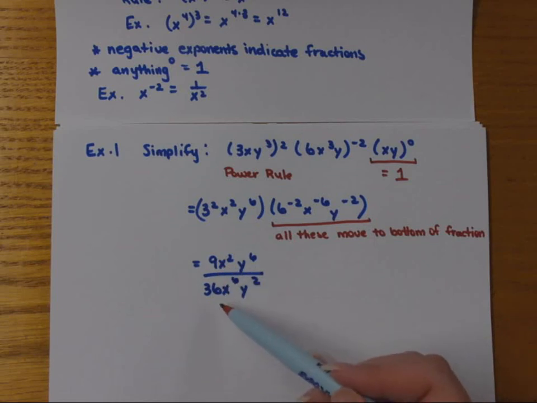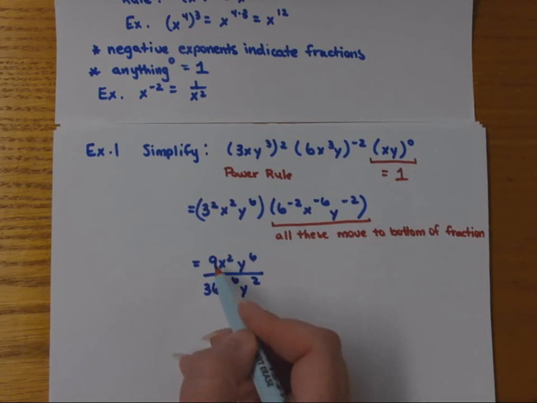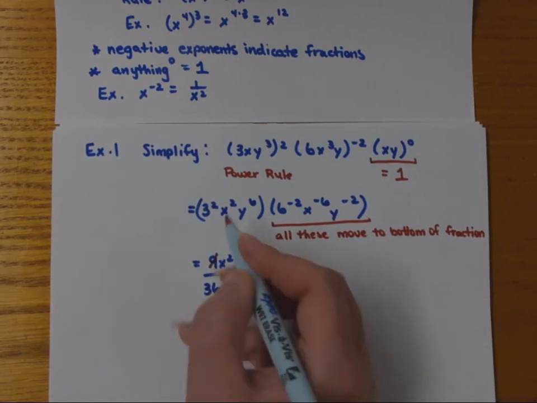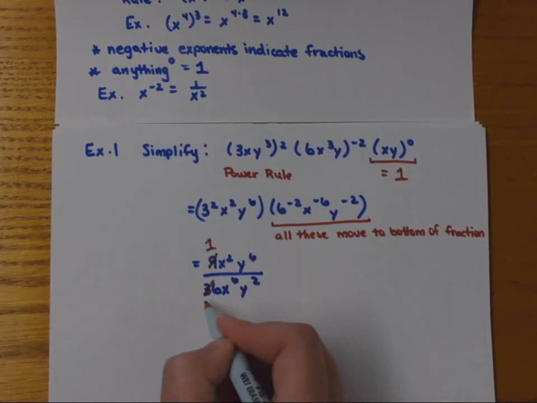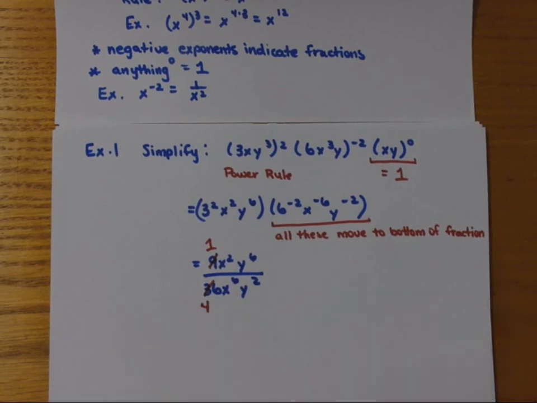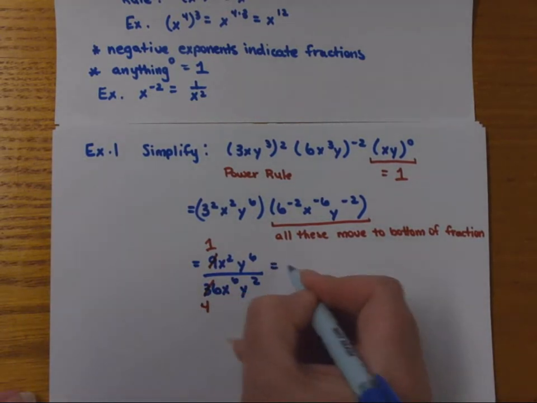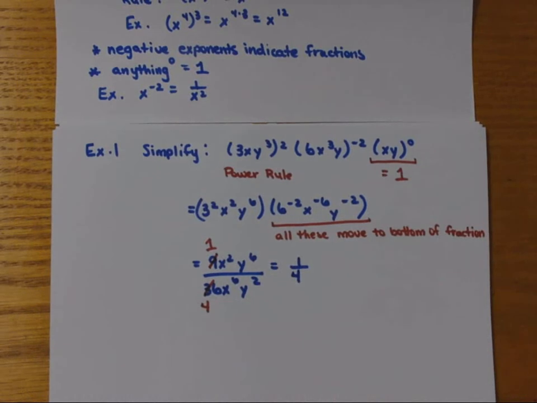I'm going to take the numbers together, the x's together, and the y's together. Treat the numbers as you normally would: 9 goes into 9 once, 9 goes into 36 4 times. So for the numbers we get 1 over 4, because the 4 is on the bottom.